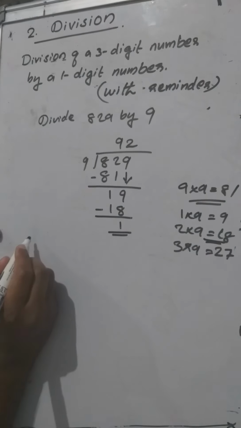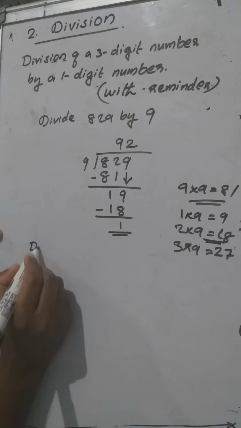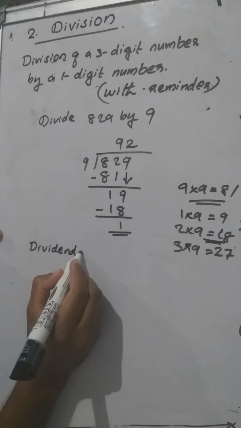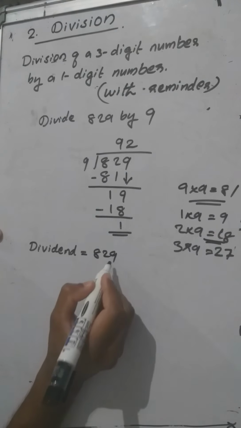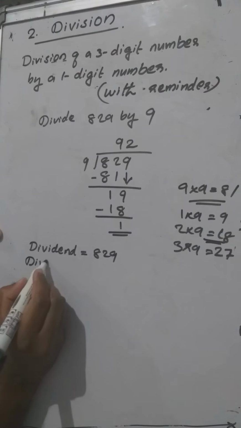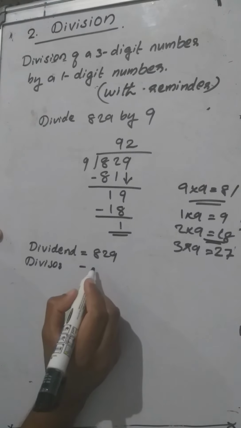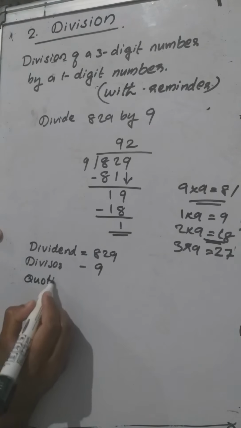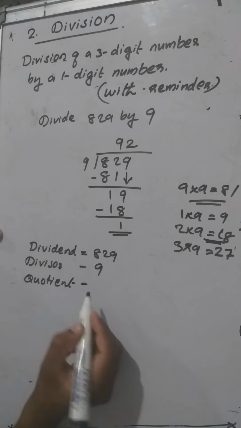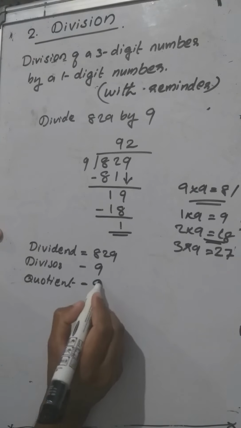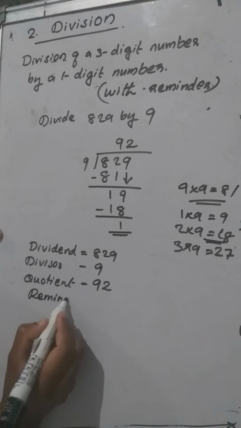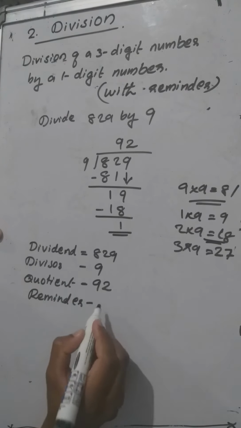Here dividend is equal to 829, divisor 9, quotient 92, remainder 1.